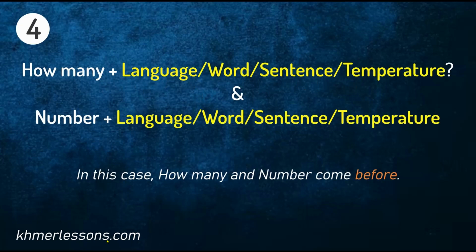Okay, go to point number 4. When you use how many before language, word, sentence, or temperature and number, the same, but in this case how many and number come before.